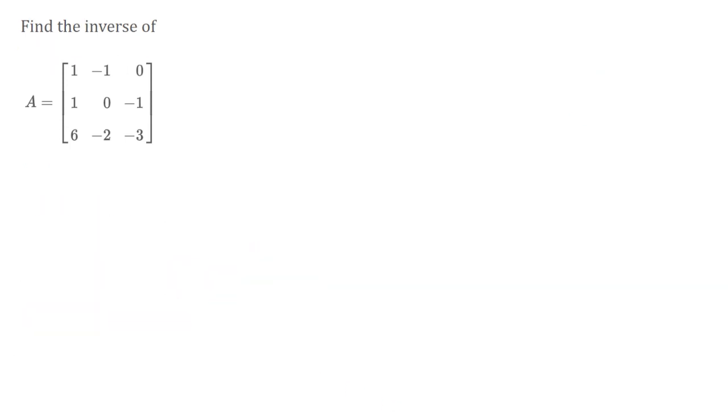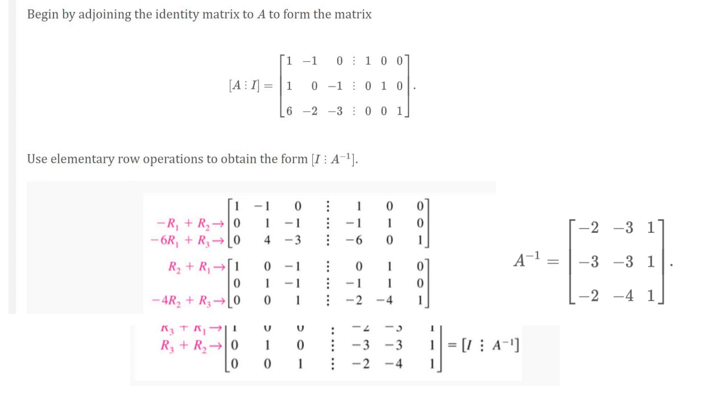But if we go to the other method, the second method is the one that most people would use. Here you have your A and then your identity matrix. So you would use row operations. So you want to make this one more traditional.